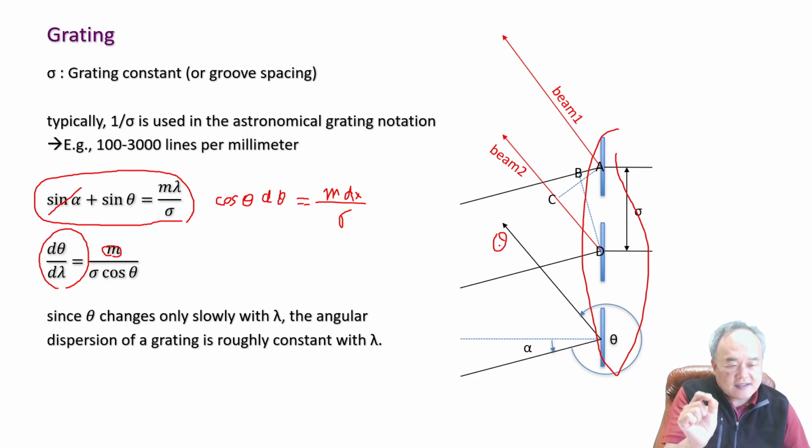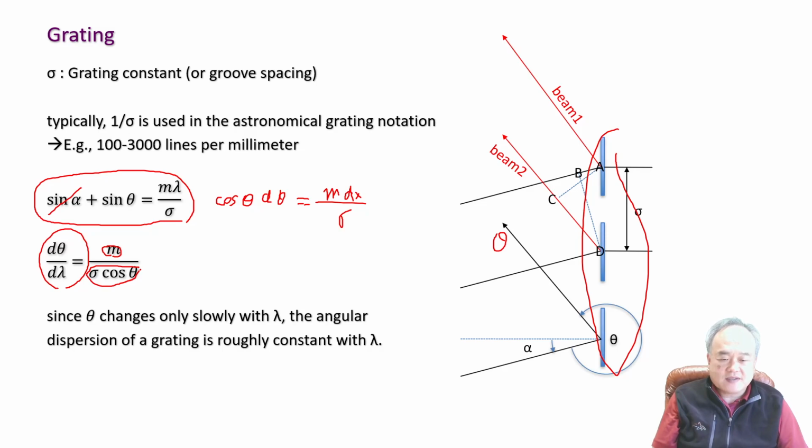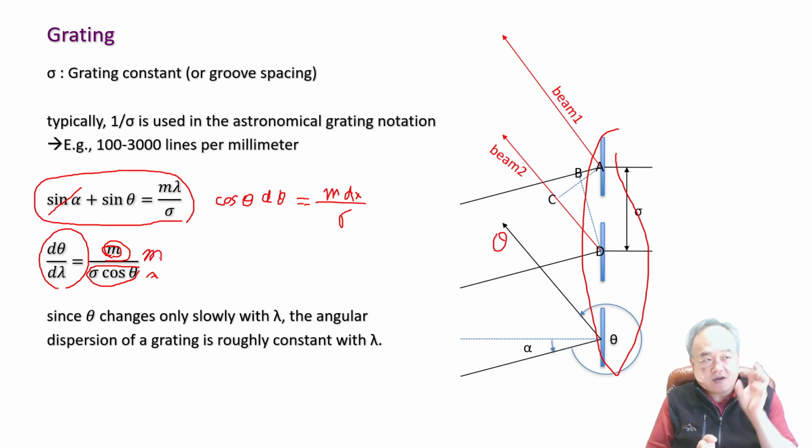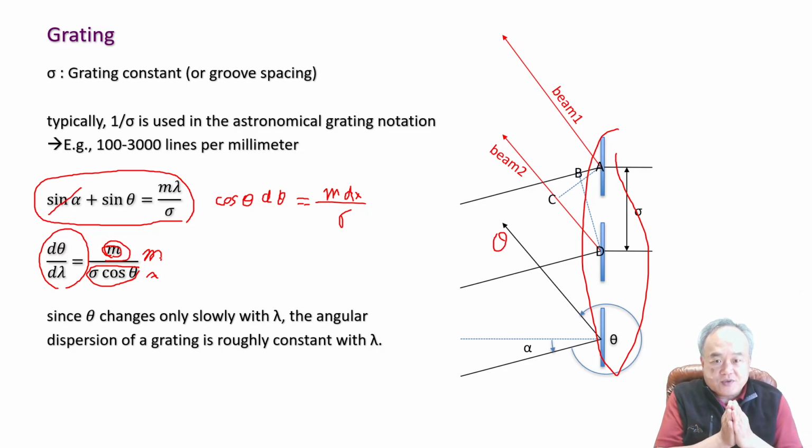That means theta is changing very slowly with respect to lambda, so the bottom term, sigma cosine theta, is nearly constant. So the angular dispersion is proportional to the order. That means when you are looking at the higher order dispersed light, they produce a larger dispersion.